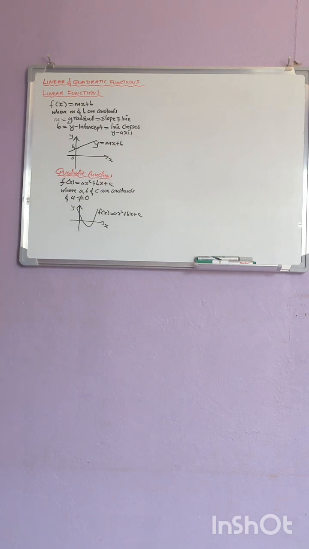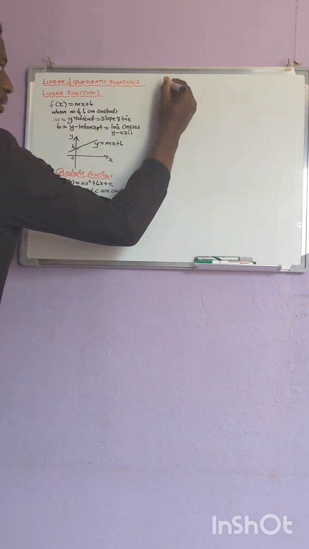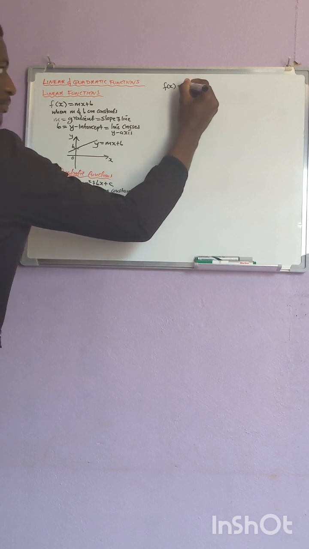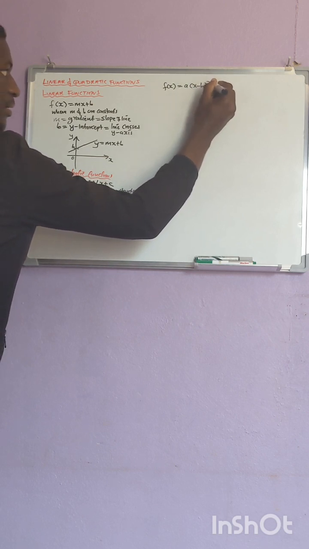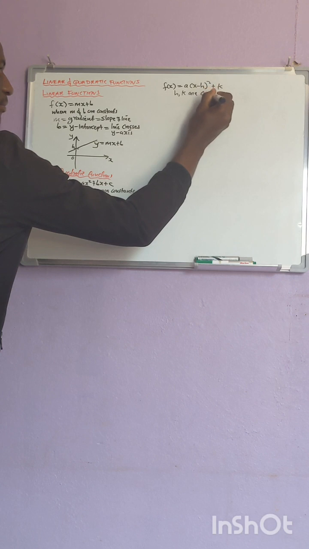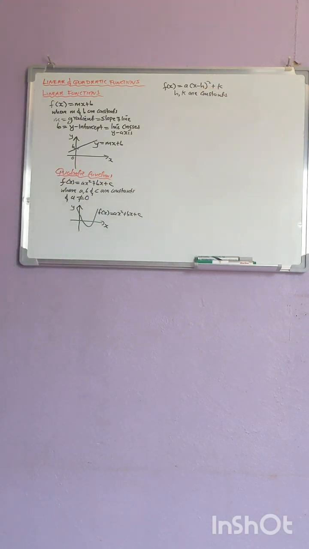Quadratic functions can also be expressed in another form: f of x is equal to a times x minus h, squared, plus k, where h and k are constants.